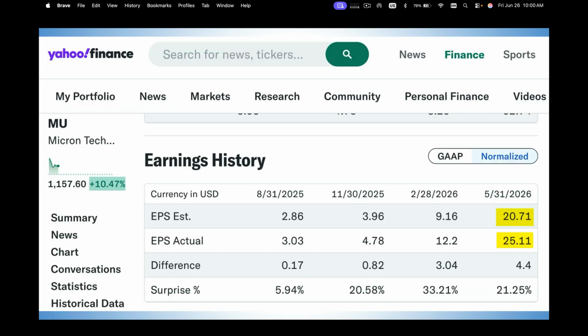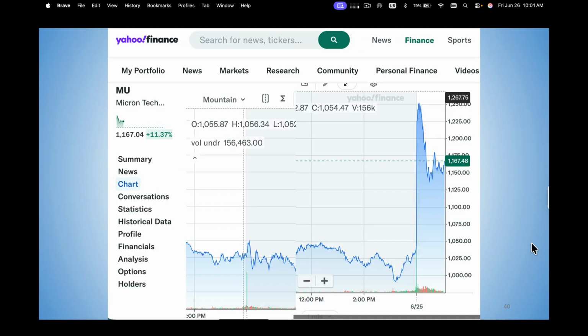And so when we see over here, this is Yahoo Finance for Micron, and you can see that they reported the actual EPS at the non-GAAP number, and earnings had been estimated by analysts to be $20.71 per share, and they came in actually at $25.11. So they blew away, far exceeded expectations, and this is what happened. They reported right after the close of business here, and the stock price went up.